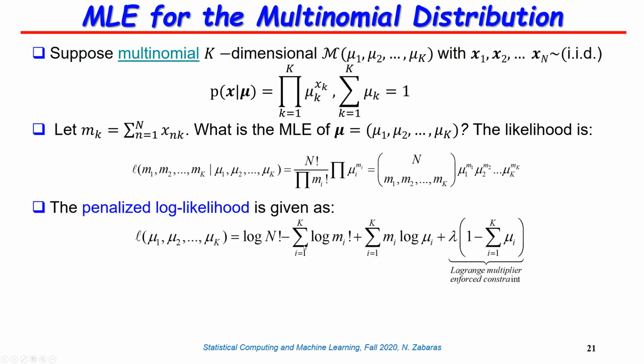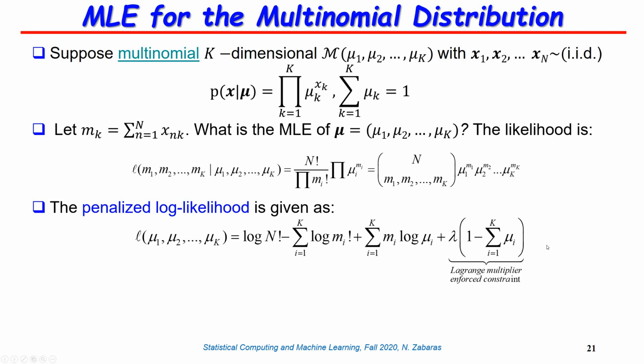If you compute the log likelihood, it will look like this, and you notice there is an extra term that penalizes this log likelihood with a Lagrange multiplier, because I have to satisfy the constraint that the sum of these mu's is equal to 1.